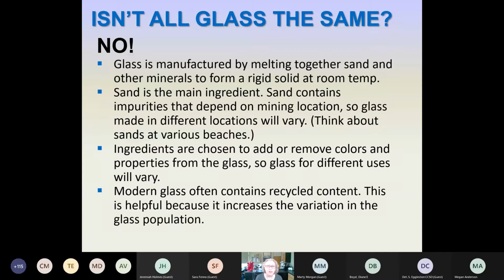So the green glass pile will have bits of clear glass and blue glass and even brown glass, and that all will get melted together the next time they need green glass for their glass batch. And so you'll see little bits of variation over time from the recycled content.